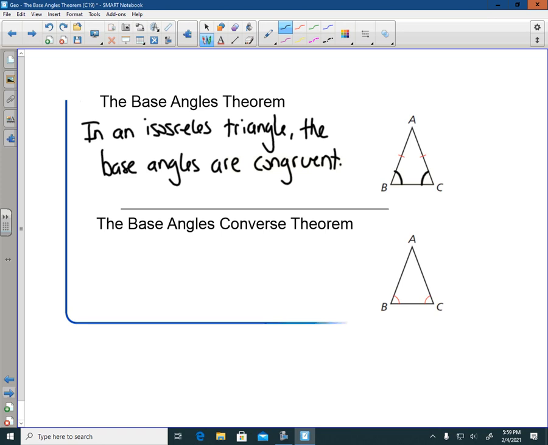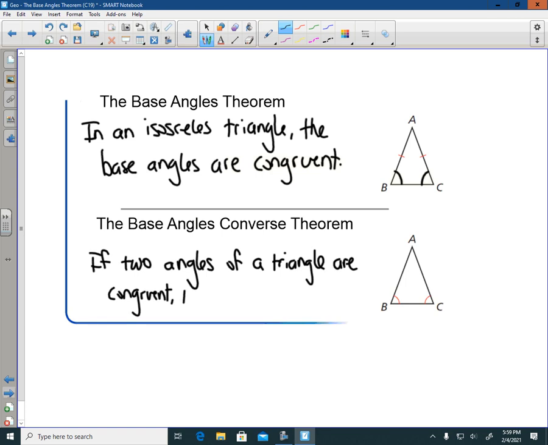Now, we can write the base angles converse theorem by flipping these statements around. And here's how we can do it. If two angles of a triangle are congruent, then the triangle is isosceles.